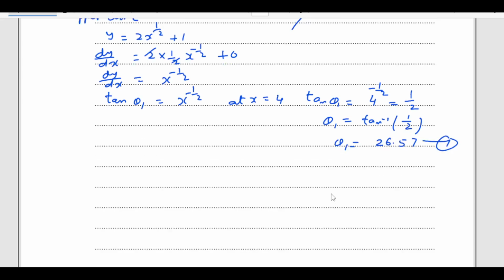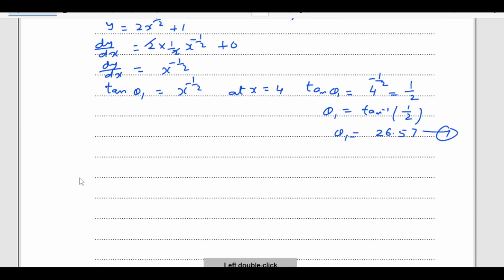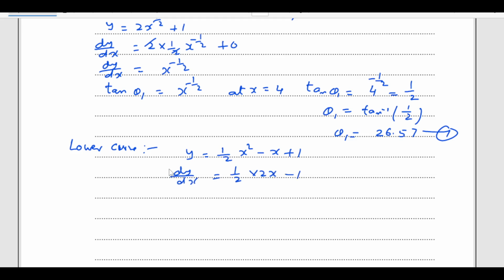Okay, now the second one we have here for the lower curve. For the lower curve we have y is equal to half x squared minus x plus 1. So we have dy over dx equal to half times 2x minus 1, equals x minus 1.